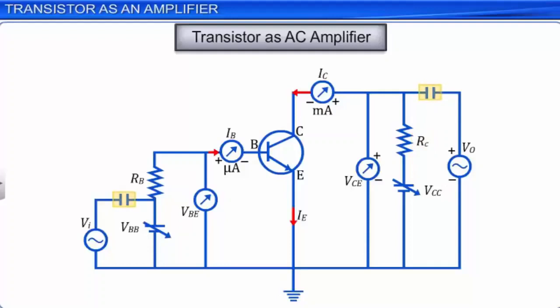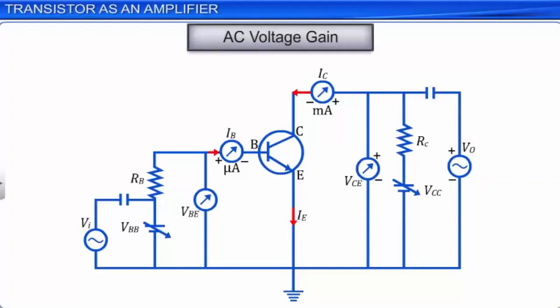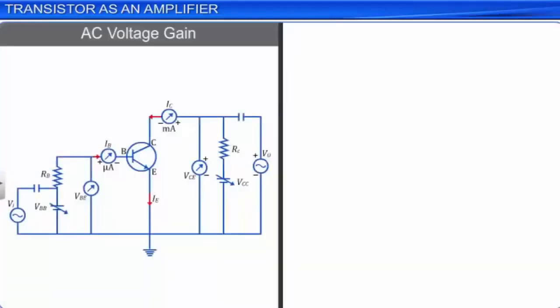Let us now derive an expression for AC voltage gain in the transistor amplifier. Initially, let us assume the input voltage Vi is equal to 0, and applying Kirchhoff's law to the output part of the circuit, we get VCC is equal to VCE plus IC into RC.